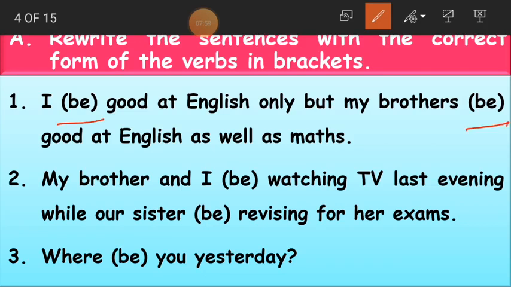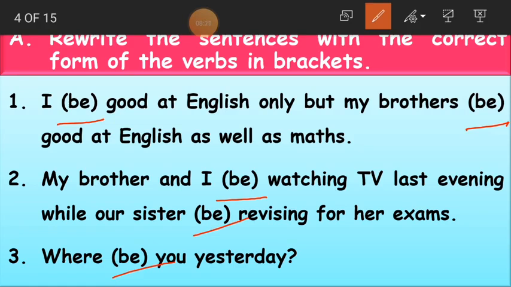See here, be, all these are be verb forms. So this we have to change into the correct form of the verb. So what we learned, children, if it is be, then we have to go with is, was, am, were, according to the tense.